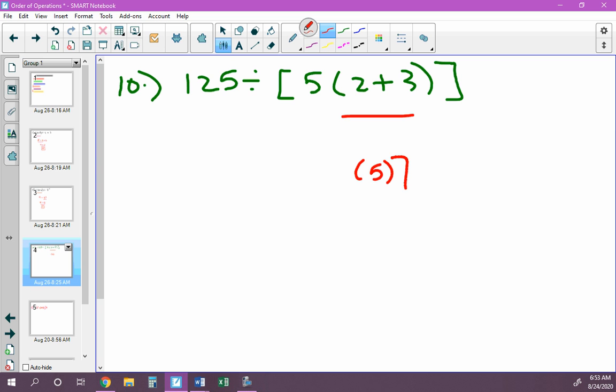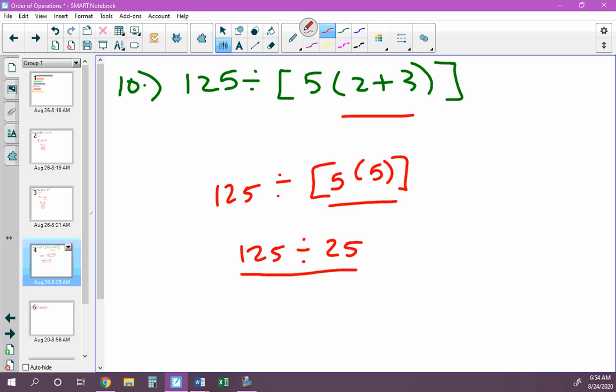Then I'm going to rewrite everything else. Okay, now I've still got a set of brackets here that represent parentheses, so that's what I'm going to do next. And that is 5 times 5, which is 25. Bring down the 125 and division sign. I can get rid of the brackets now that I did what's inside them. And now I just have one operation left. 125 divided by 25 is 5.